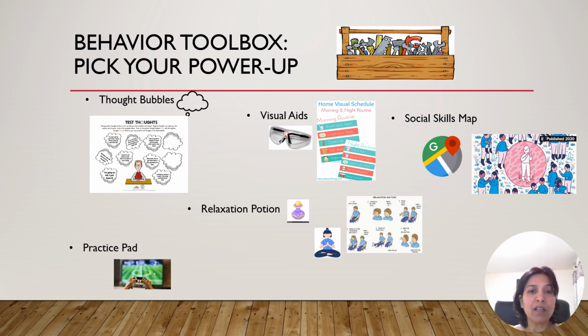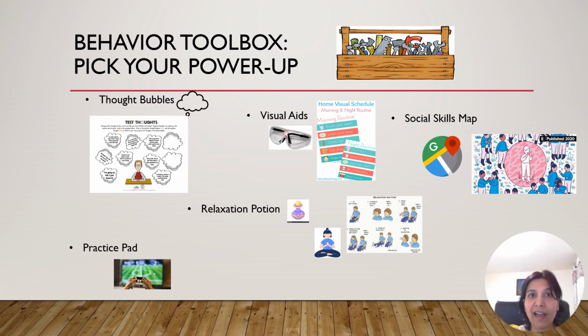Thought bubbles. We all know thoughts are powerful. So cognitive interventions like cognitive behavioral therapy helps us reframe tricky thoughts into positive ones. Visual aids are like a superhero goggles. It helps us visualize our day's plan, routine, and activities. Social skills map is the navigating social situations through social skill training.